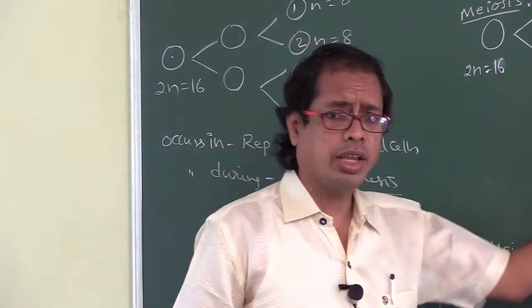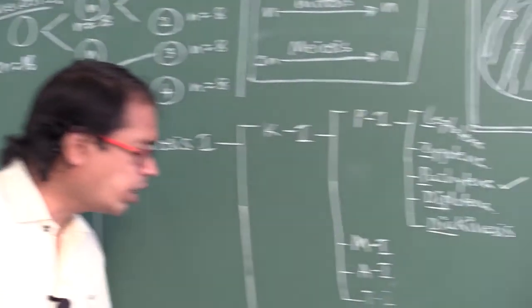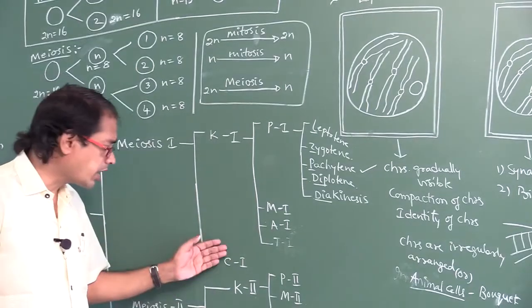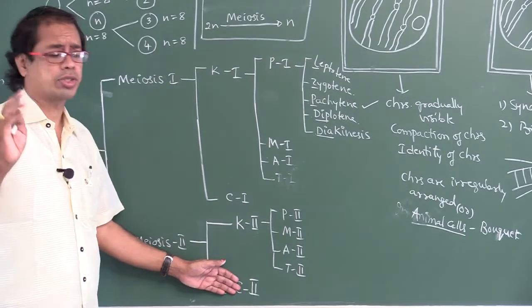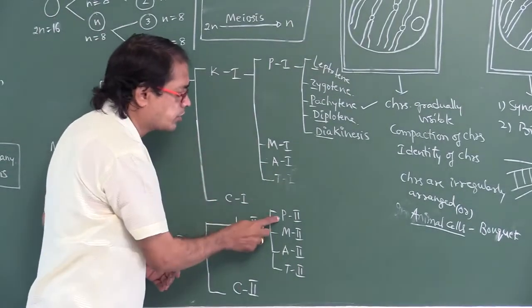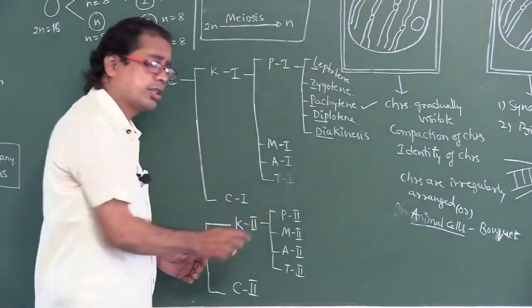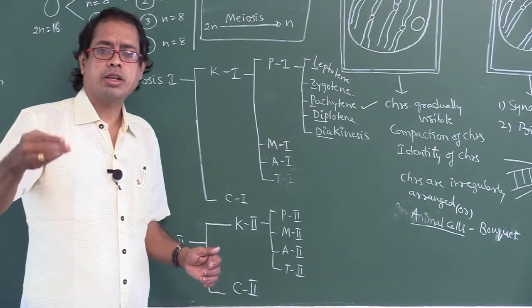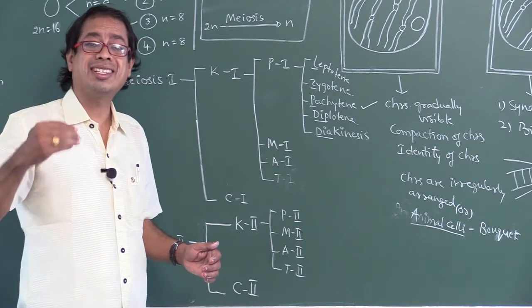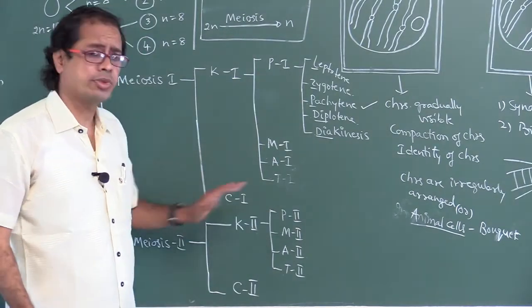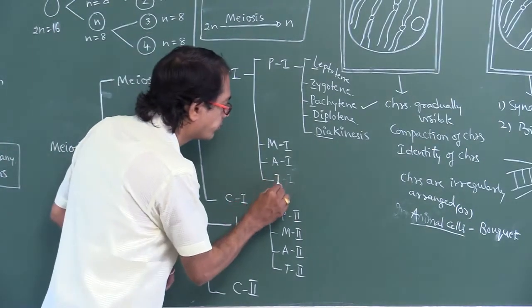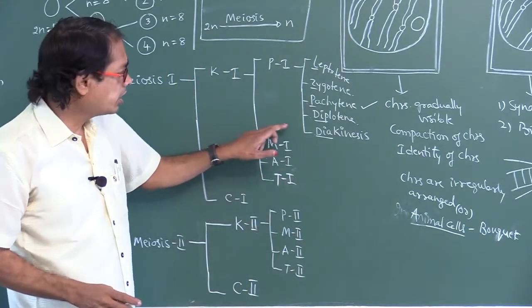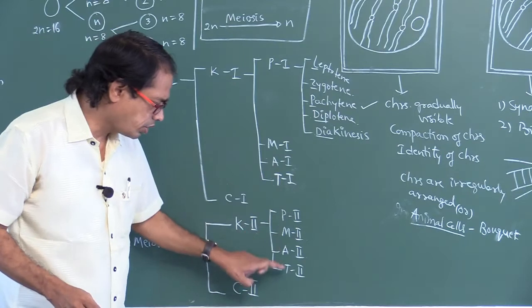How many times does the nucleus undergo division? 2 times. How many times does the cytoplasm undergo division? 2 times. Here prophase 1, prophase 2. In prophase, the nuclear membrane and nucleolus disappear. How many times? 2 times. Here this is telophase 1, this is telophase 2.